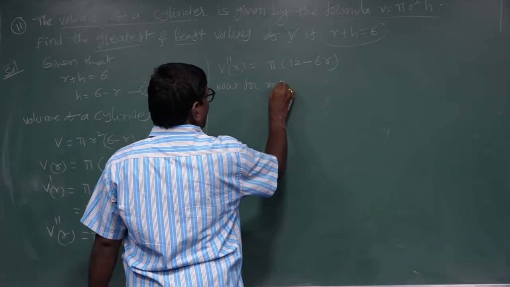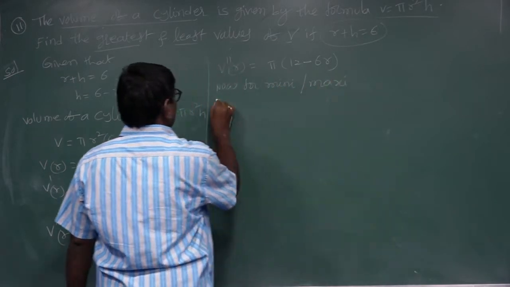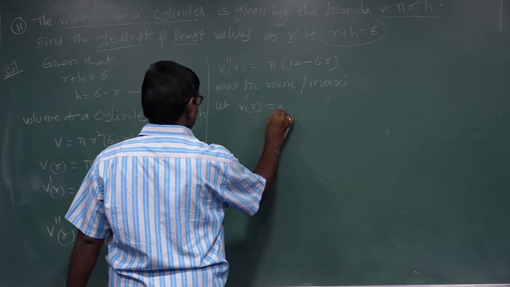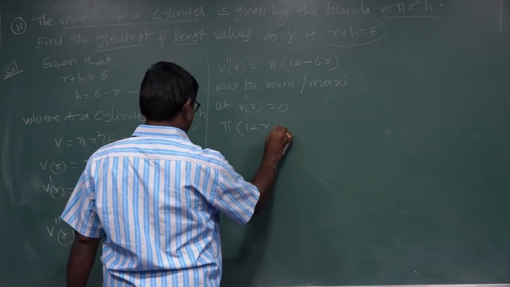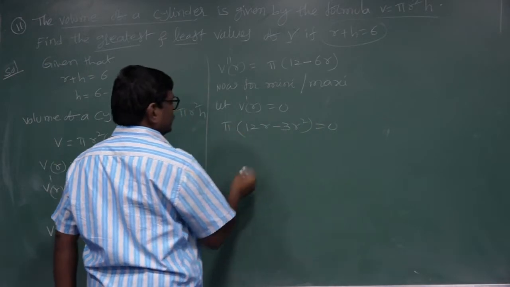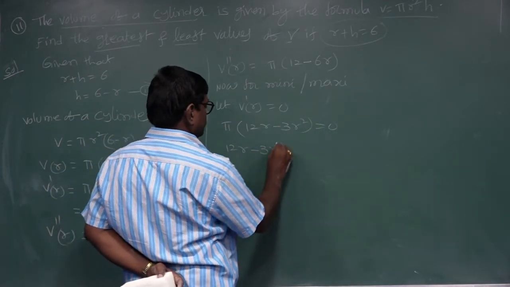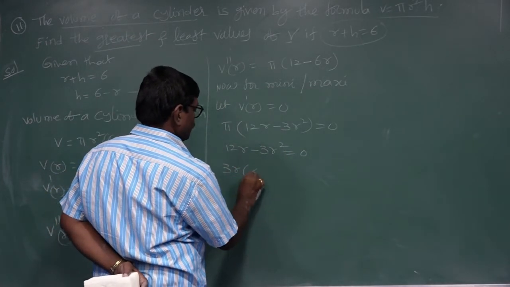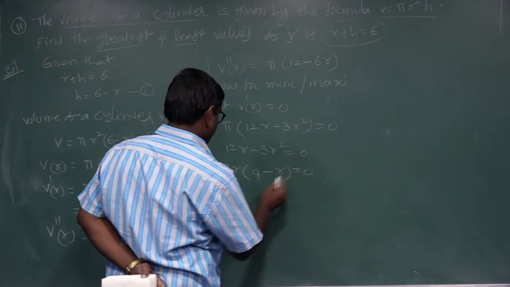Now for minimum or maximum, let V dash r equal to 0. Pi into 12r minus 3r square equal to 0. Taking 3r common, 3r into 4 minus r equal to 0.